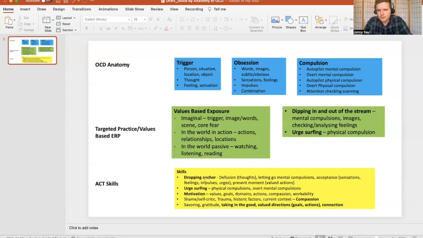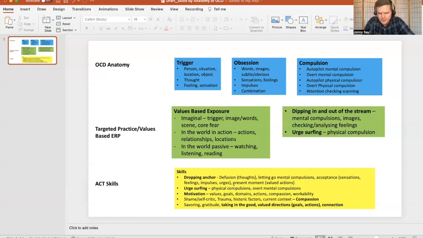So using drop anchor to work these ACT skills of defusion, getting distance from the obsessions and being able to step back and observe them, let them come and go, letting go of the mental compulsion, so letting go of that experiential avoidance process, as we would call it in ACT, of ruminating, worrying, analyzing, judging, checking, resenting, and so forth.